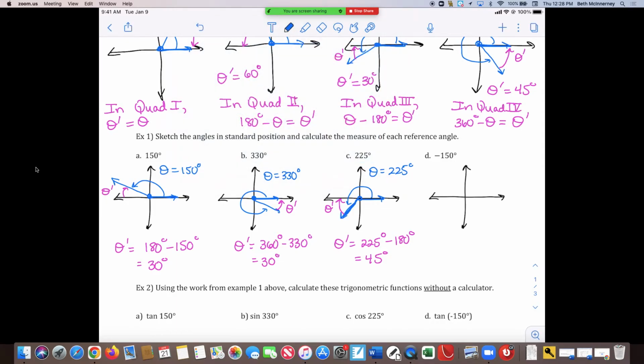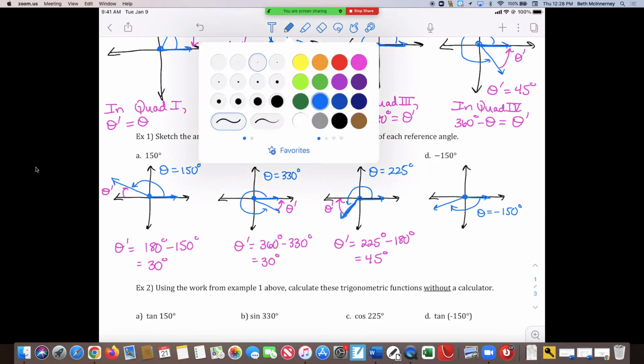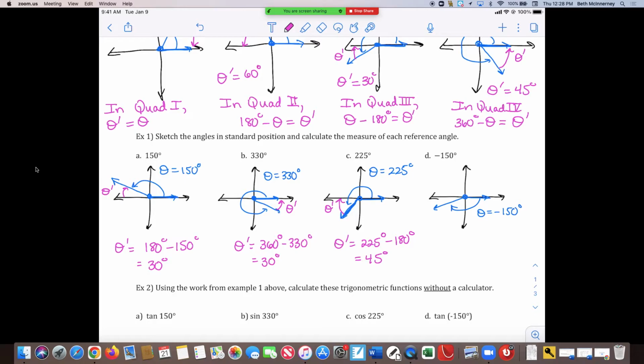All right, negative 150. So now I'm going to go clockwise this way. And no matter if I'm doing a positive or a negative angle of rotation, theta prime is still how far away am I from the x-axis. So I'm just going to do 180 minus 150, because that was negative.